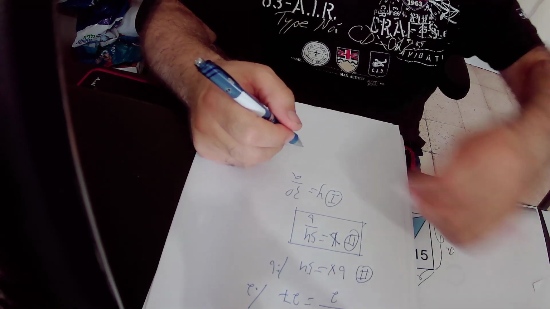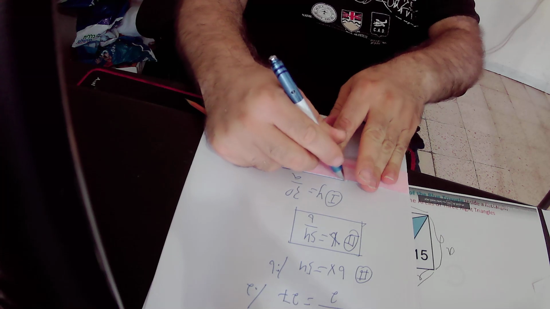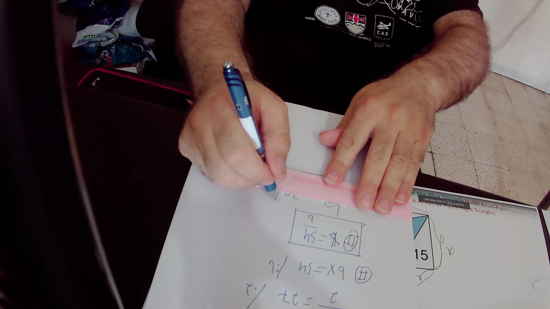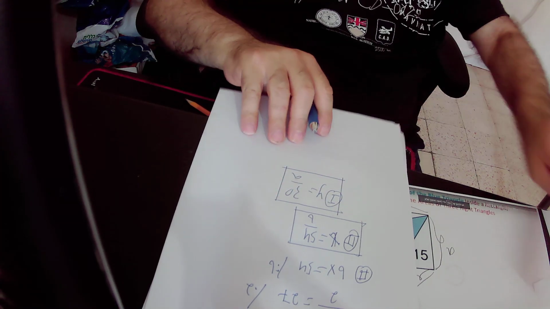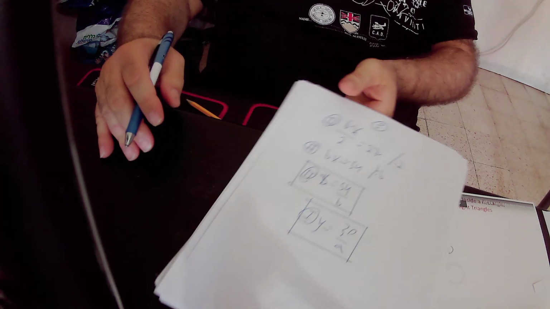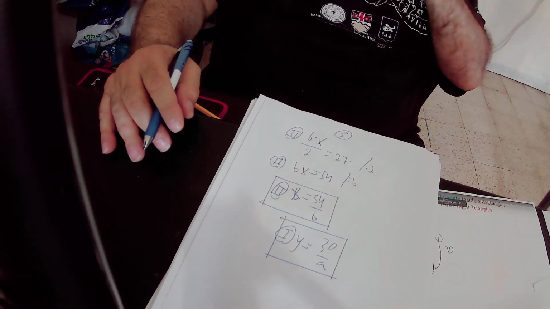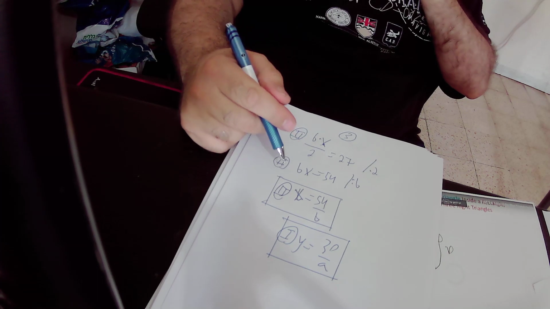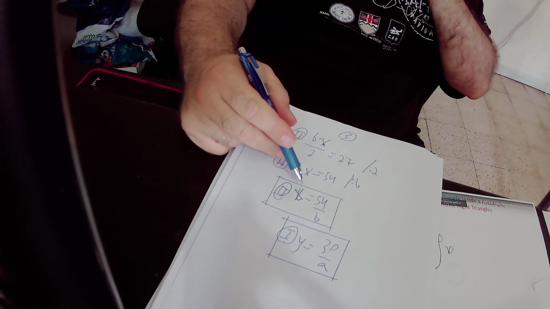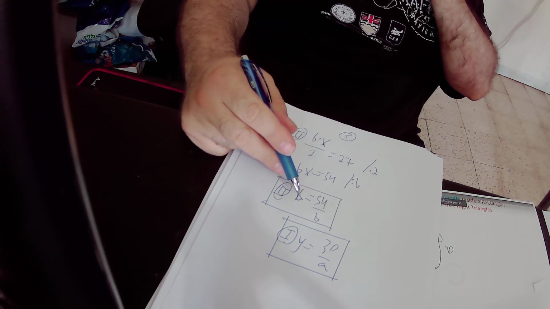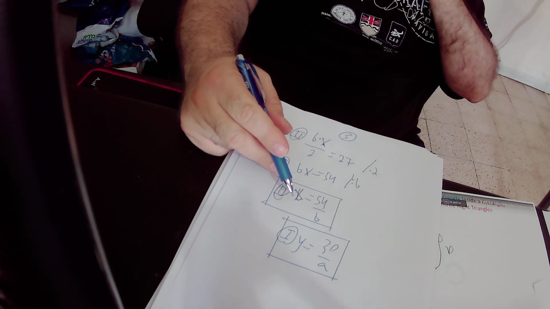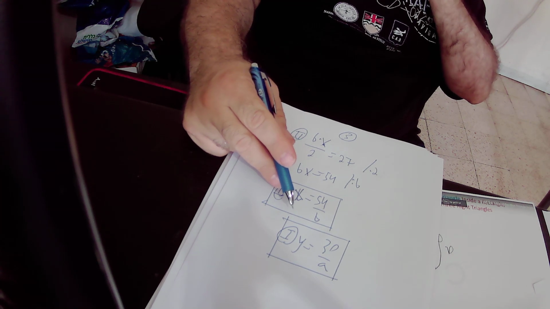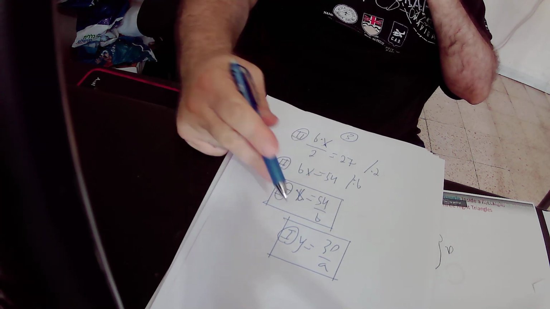So we took x out of the equation, we got that x equals 54 over b, and we also took y out of the first equation. We got that y equals 30 over a.